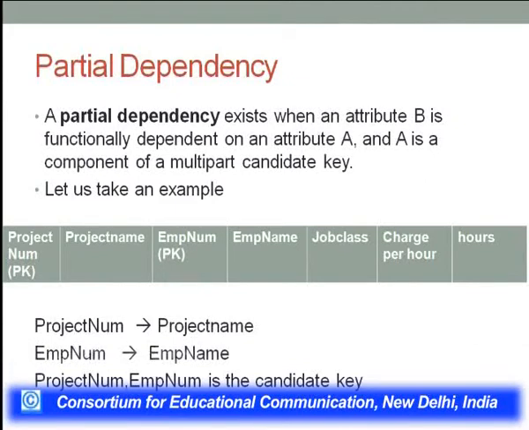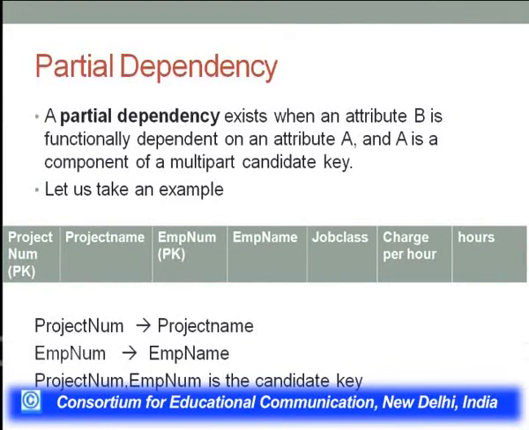In order to find out the value for employee name, you do not require the project number, which is also a part of the primary key. Therefore, we say that employee name is functionally dependent on employee number only and not on project number. So, this type of dependency is known as partial dependency.